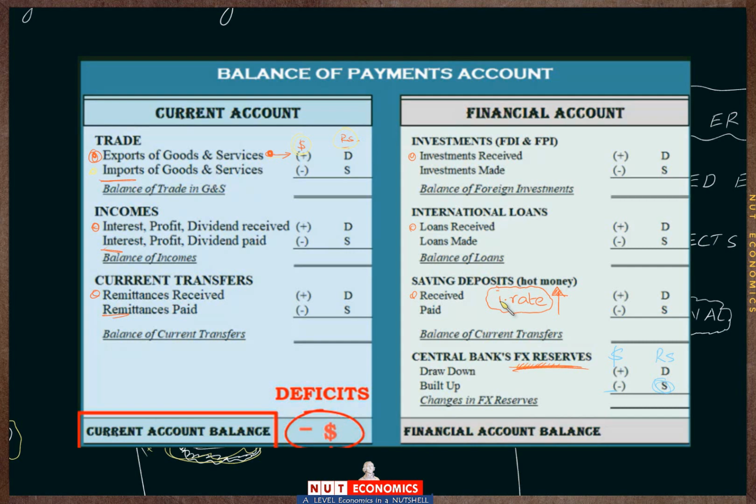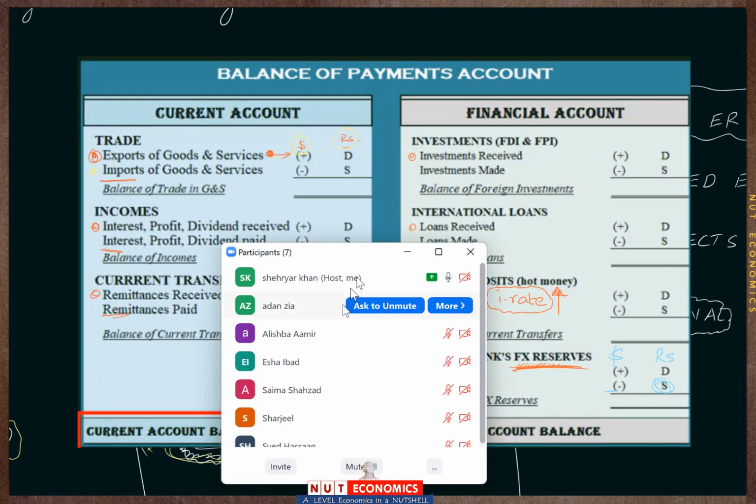If you have to pick and choose, which one should you go for? Using FX reserves or using interest rate to fix your exchange rate? सेविंग डिपॉजिट्स हॉट मनी का मैंने तुम्हें क्या मसला बताया है? Anyone?